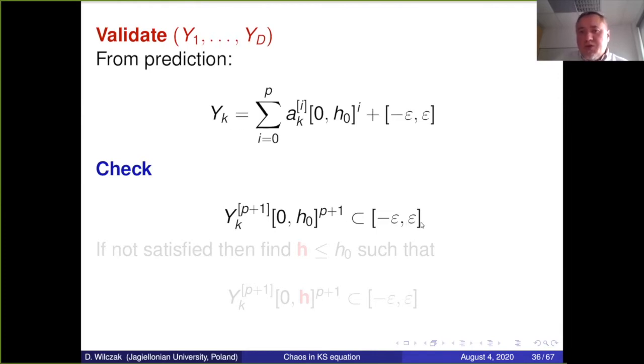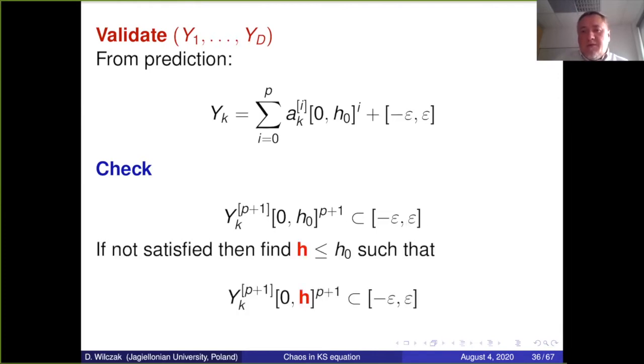We check the inclusion. And if it is not satisfied, then we shorten a little bit the time step so that it is satisfied. Okay, so this is what I would like to say, that it is very costly to recompute Taylor coefficients, so it's actually better to shorten a little bit the time step. And it is possible to find H because the tolerance is symmetric around 0. So we can always shorten time steps such that this inclusion holds true.